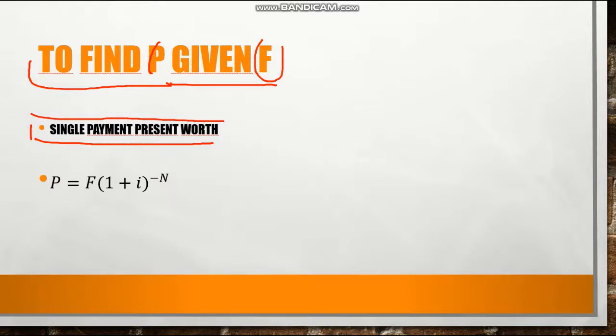The mathematical representation is given here, basically the same: P is equal to F times 1 plus I power of minus number of periods. So when we plug in the future value in this same form, we can find the present value of the money. Let's solve one example again.